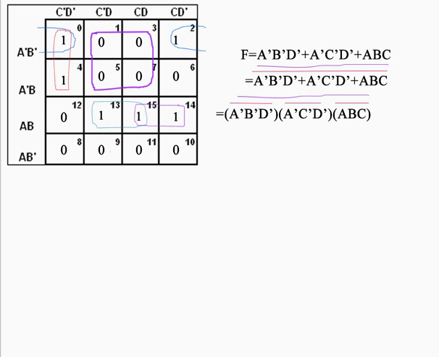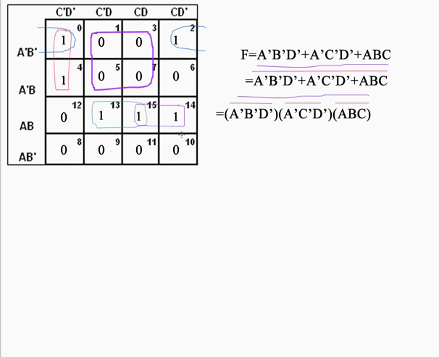Then on to the rest. I need a different line. There you go. So there is a whole group of zeros down here that I can take all at once. As a matter of fact, this is an implicant. It is a prime implicant because it's maximal.